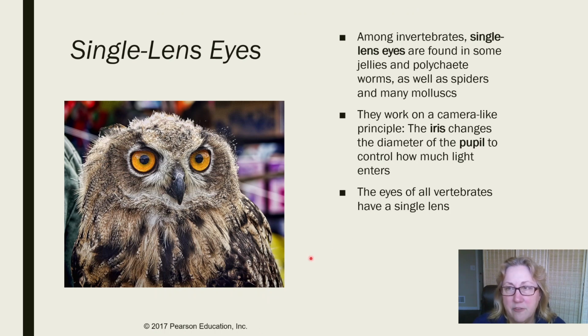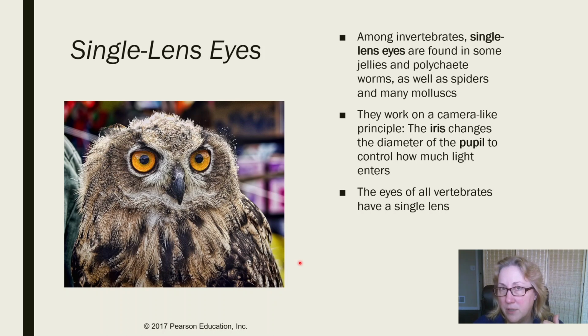Single lens eyes are found in some arthropods as well, like spiders have single lens eyes, not compound eyes. But also mollusks like octopus have single lens eyes, which very much resemble our eyes, except they evolved completely independently. Single lens eyes often have, not always, but often, especially invertebrate eyes, a way to change the amount of light that's coming into the eye.